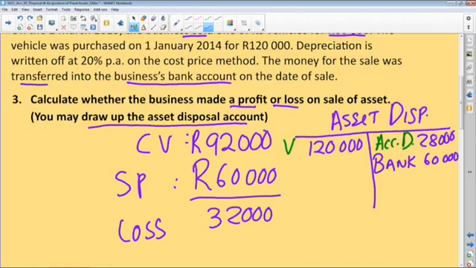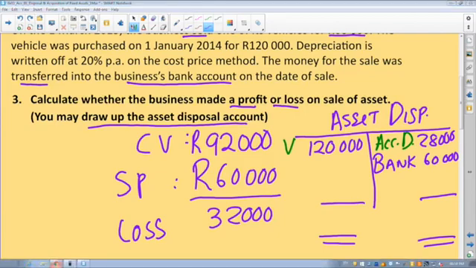Okay, so when we now work out whether we made a profit or a loss on sale of asset, remember, in terms of your ledger accounts, if you credit asset disposal, you've made a loss. If you debit asset disposal, you've made a profit. So in this case, we've obviously made a loss, but let's just show you guys quickly.